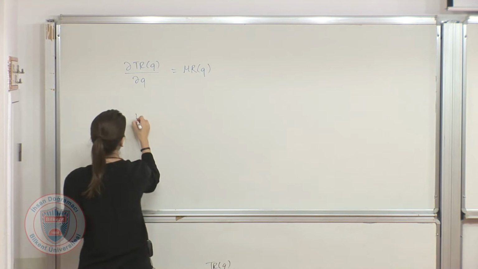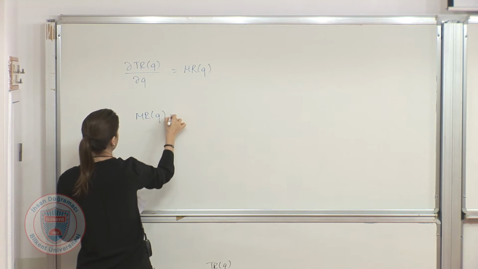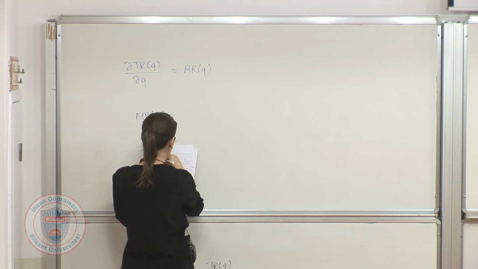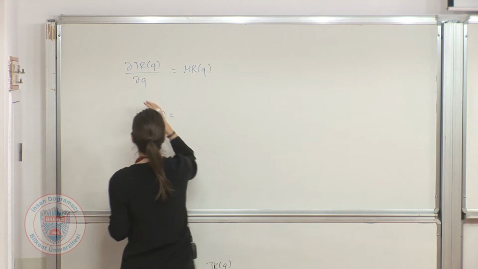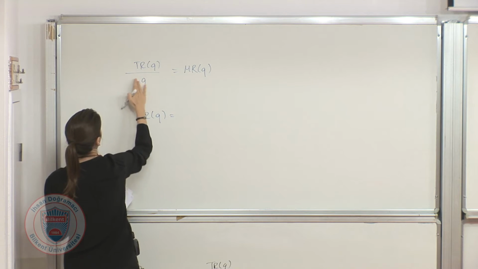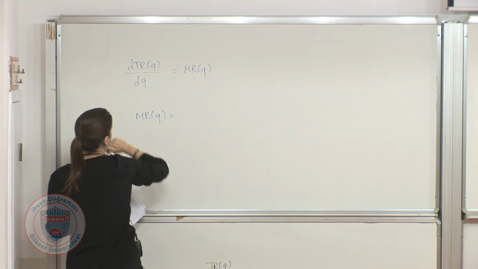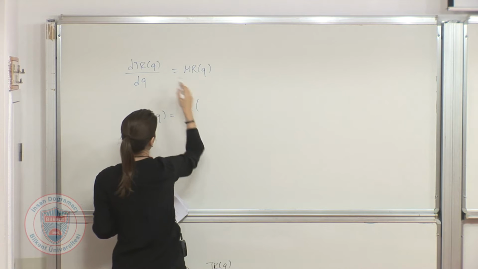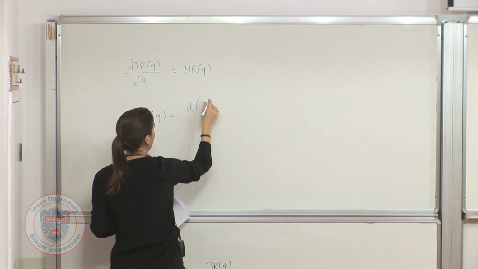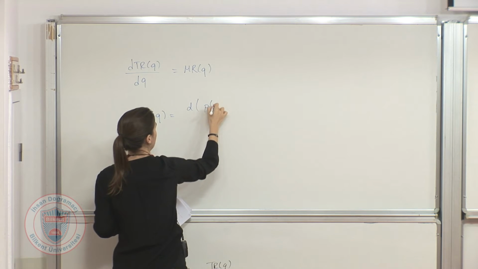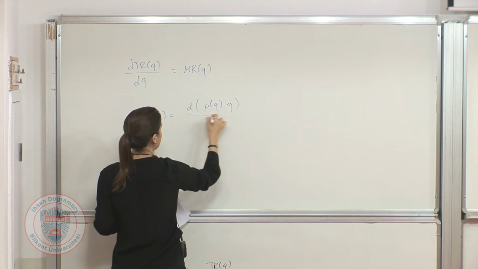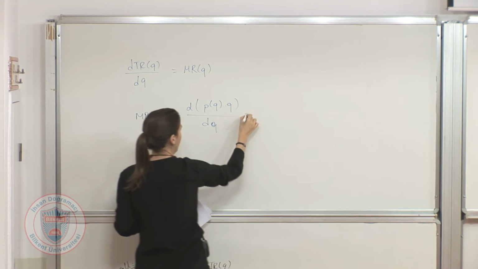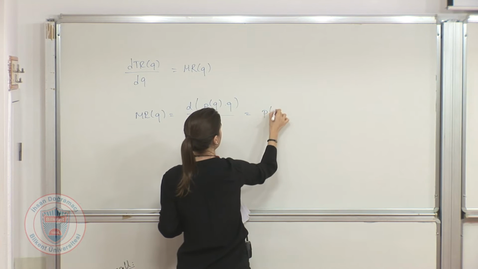And then remember, we wrote marginal revenue like this. We said that marginal revenue is basically, and because it's just a function of Q, I can write it like this. So we said that d total revenue, we know that total revenue is P(Q) times Q, over dQ. And then we said that this is P(Q).